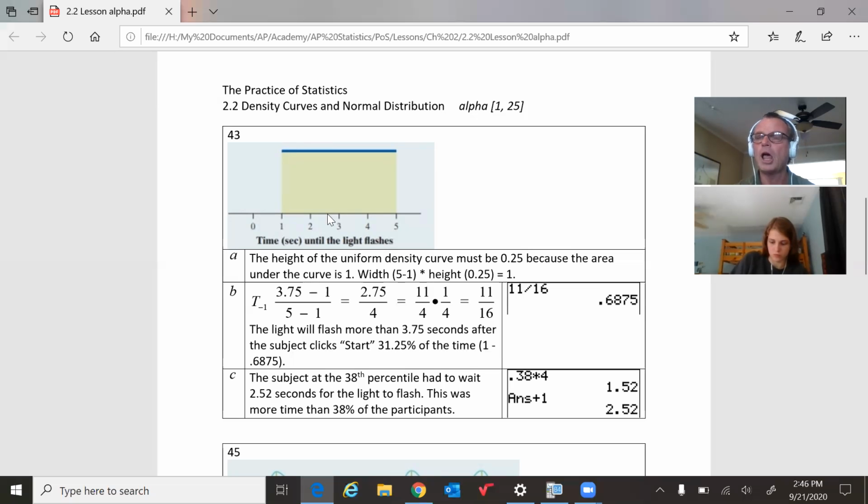Now, the line has no dimension, so you don't have to worry about landing on the line. At this 2.52, 38% of the curve is to the left and 62% of the curve is to the right.